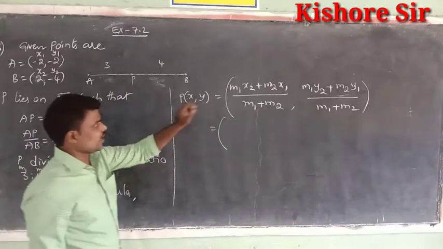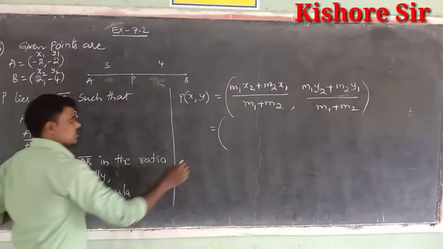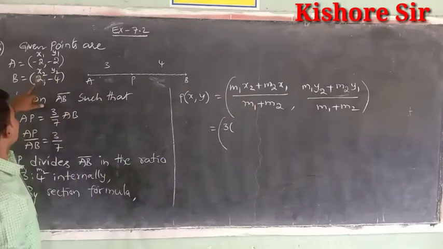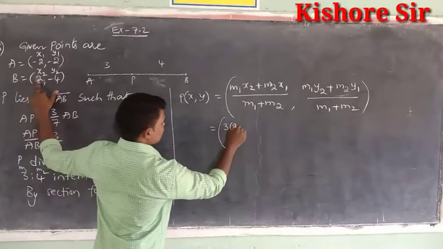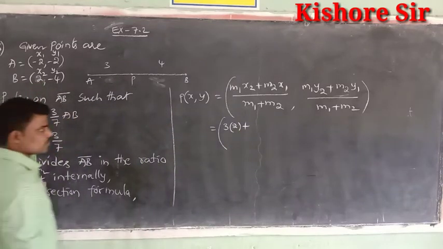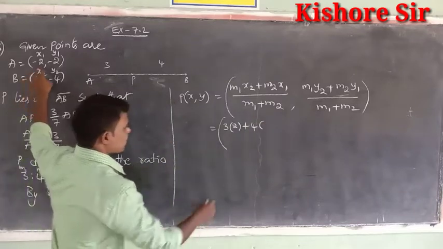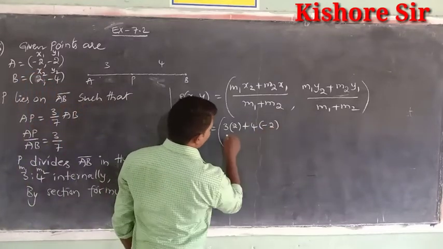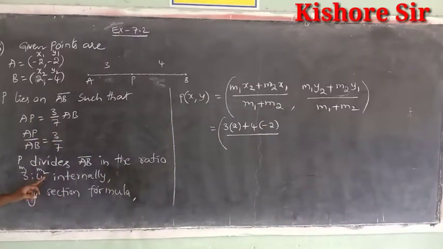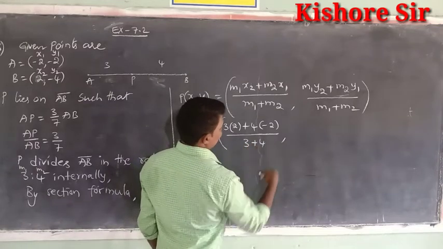Substitute here: m1 is 3 into x2, which is 2, plus m2 which is 4 into x1, the value of x1 is minus 2, by m1 plus m2, 3 plus 4, comma.